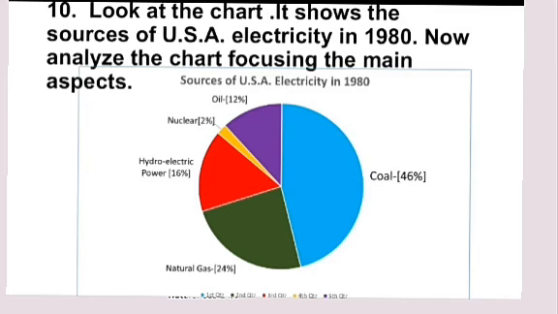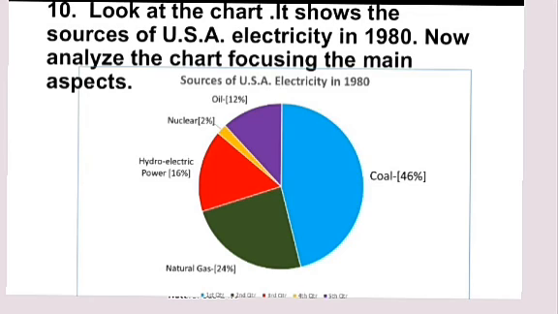Now analyze the chart focusing on the main aspects. What are the aspects that we have here? We have the names of the sources and their contributions as well. So we have to focus and highlight this information in our writing. Whenever we get a question, we must focus on certain things: what is the subject or the topic, or on which thing the data is presented.